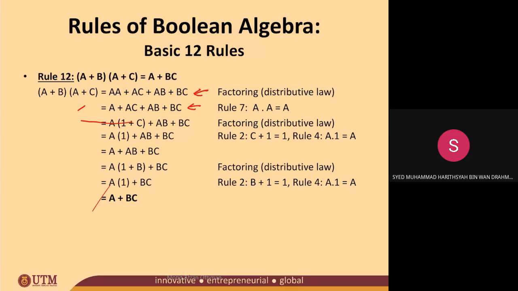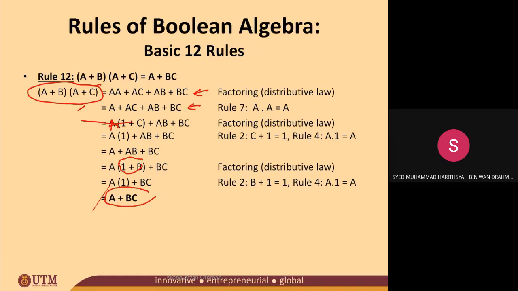Then you factor this A, so 1 plus C is equivalent to 1, and you have A plus AB. Then you factor again, A(1 plus B), plus BC, and finally you get A plus BC. So you can imagine how many gates you are using here and here.